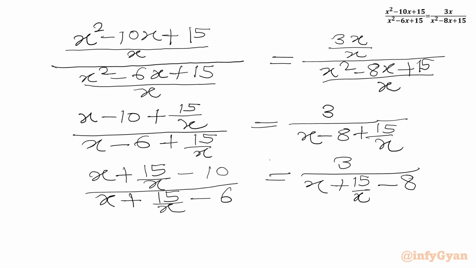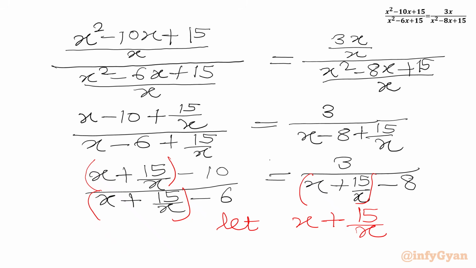We have x plus 15 over x everywhere in our equation. So we can consider x plus 15 over x, suppose this is equal to u. So we can write our equation as u minus 10 over u minus 6 equal to 3 over u minus 8.